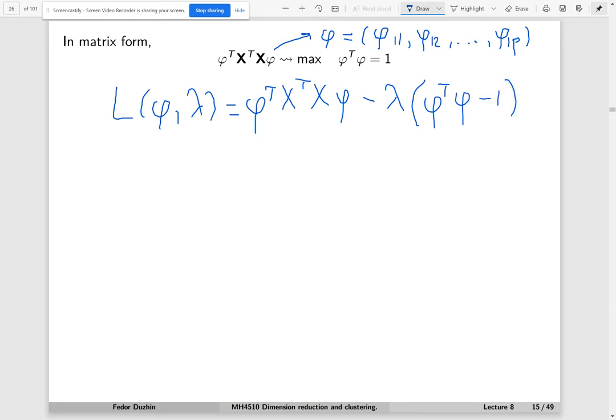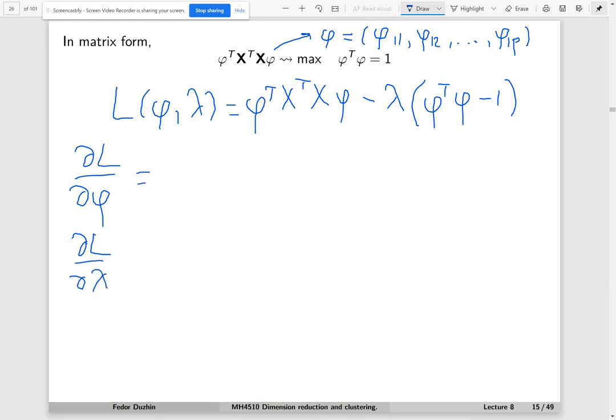All right, so this is the Lagrange function. And now to solve the optimization problem, we find the partial derivatives of the Lagrange function with respect to phi and with respect to lambda, and equate them to 0.